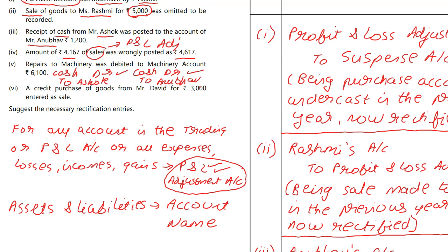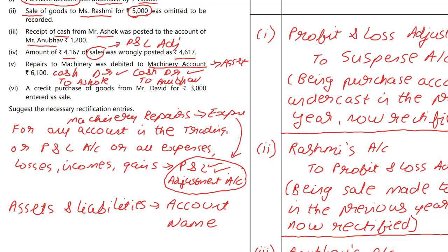Next, 5. Repairs to machinery was debited to the machinery account. Now, the machinery account is an asset account, but you were supposed to put it in the machinery repairs account. And the machinery repairs account is an expense account. That means that too is going to be P&L adjustment.